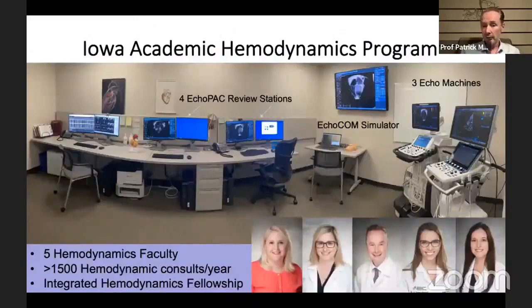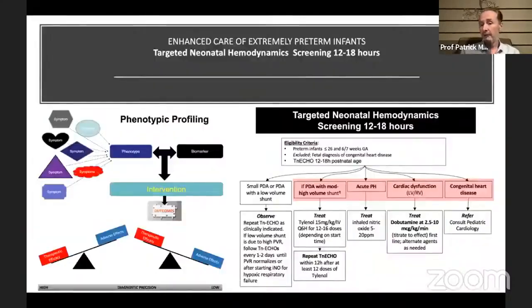Well, our program has grown. We now have 5 faculty. We perform more than 1,500 consults per year and have a 1-year integrated hemodynamics fellowship. One of the first things we did was to recognize that if we were to provide the optimal care for extremely preterm babies during the transitional period, it's important to recognize that our symptoms are imprecise and there may be subclinical evidence of cardiovascular physiology.